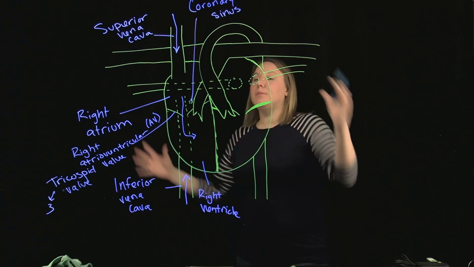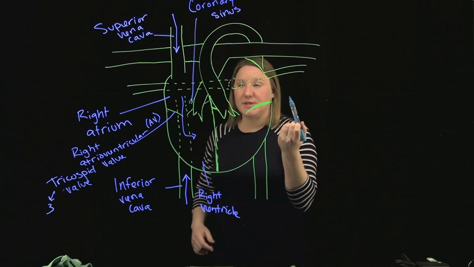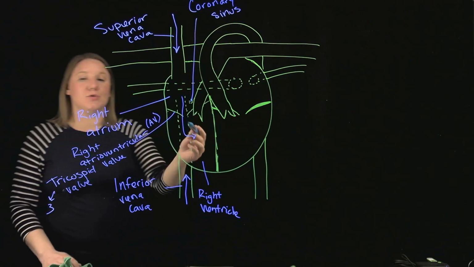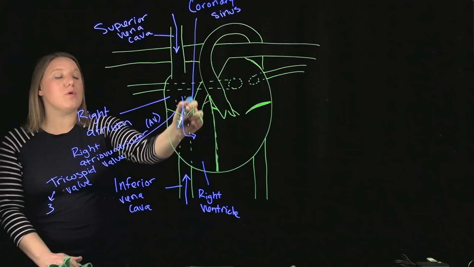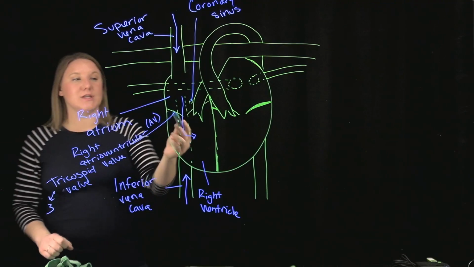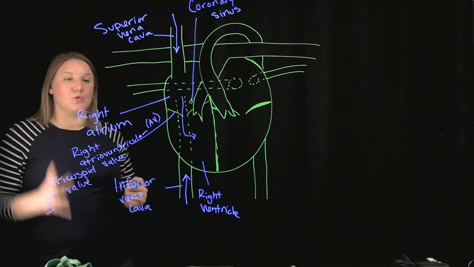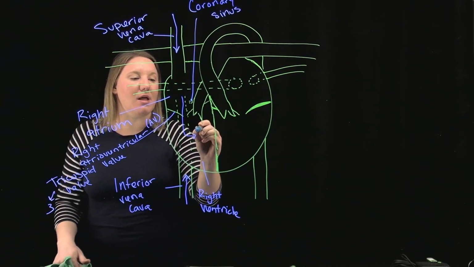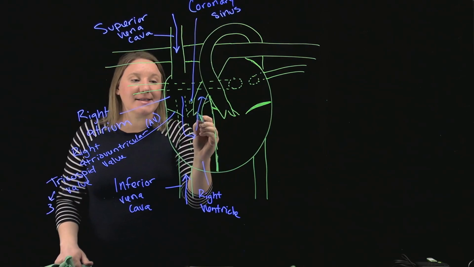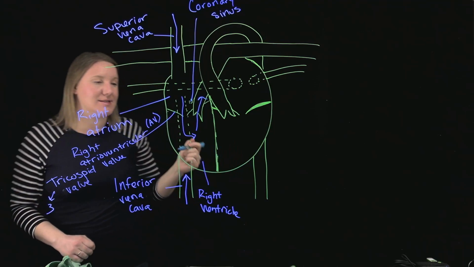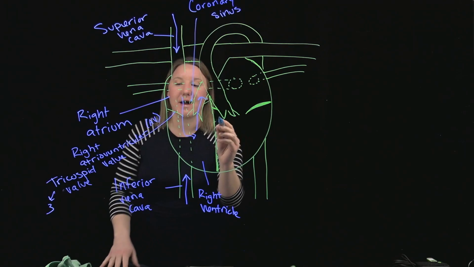Okay, so we have brought blood that is low in oxygen, that's why I'm using the blue marker right now, into the right atrium through the right AV valve and into the right ventricle. The right ventricle is then going to contract and squeeze that blood through our next valve right here. This is our pulmonary semilunar valve.